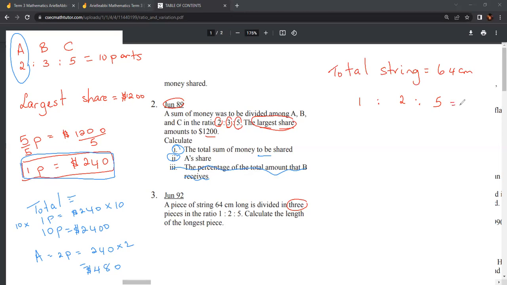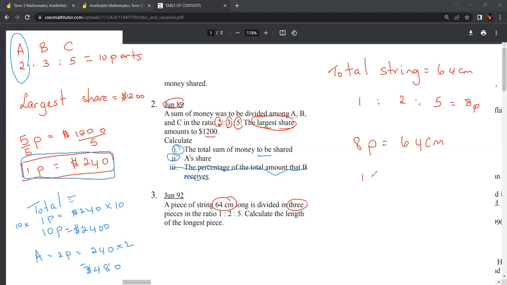I could find my total parts by adding them. 5 plus 2, that's 7, and 1 makes 8. So that's 8 parts. So the information they gave me was the total string. And I know the total number of parts it was divided into was 8 parts. So 8 parts is equal to 64 centimeters.